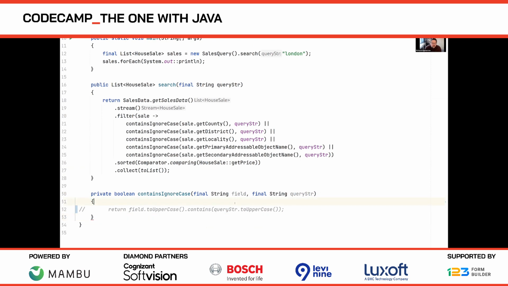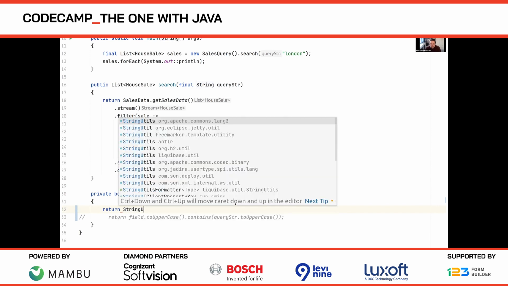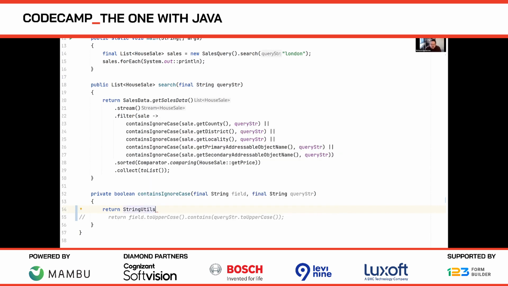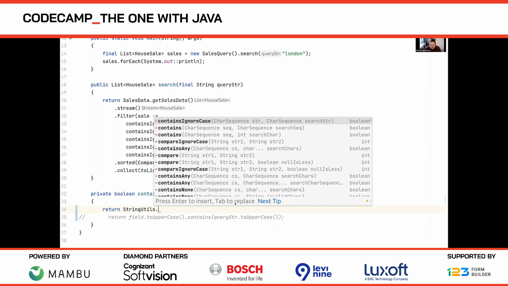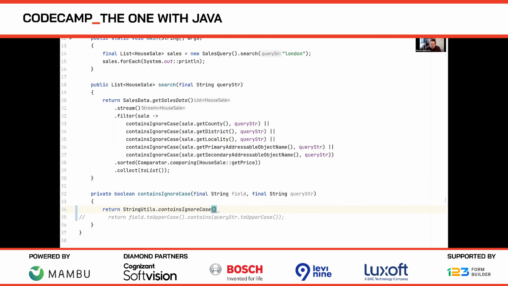Well, a better way of doing this might be to bring in a library. There's a nice little StringUtils class in the Apache Commons framework, and that's got a containsIgnoreCase method on it.